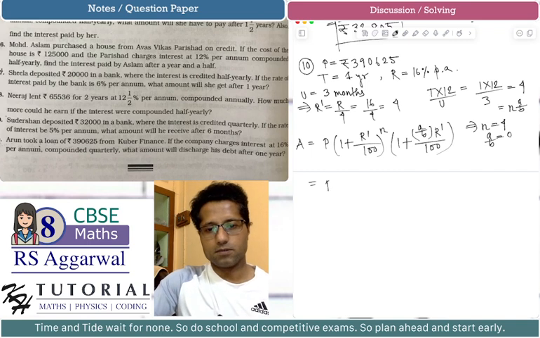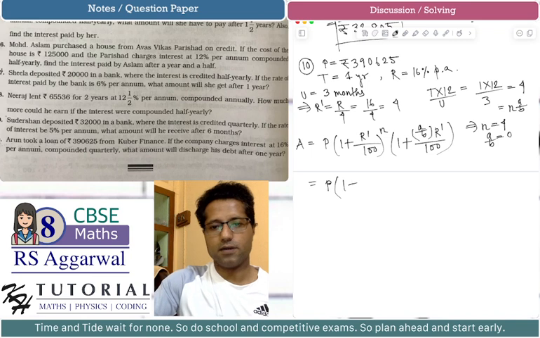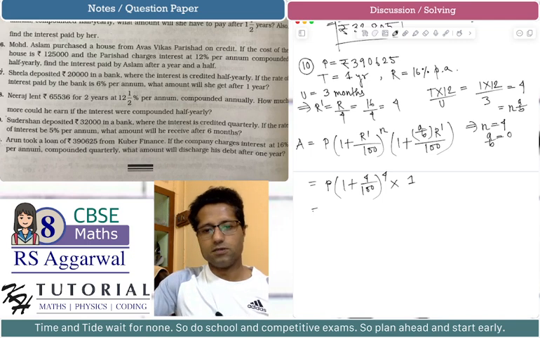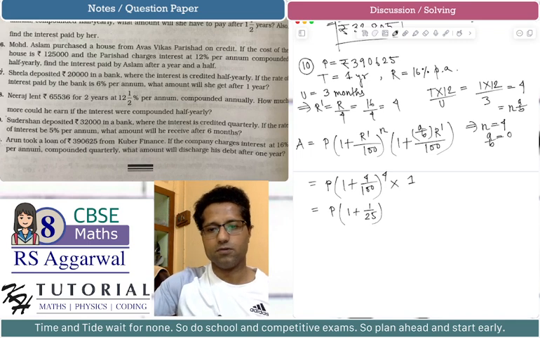Now this becomes r dash is equal to 4. So 4 by 100 to the power n is equal to 4. And this is 1 since the fraction a by b is equal to 0. This is equal to P multiplied by 1 by 25 to the power 4.